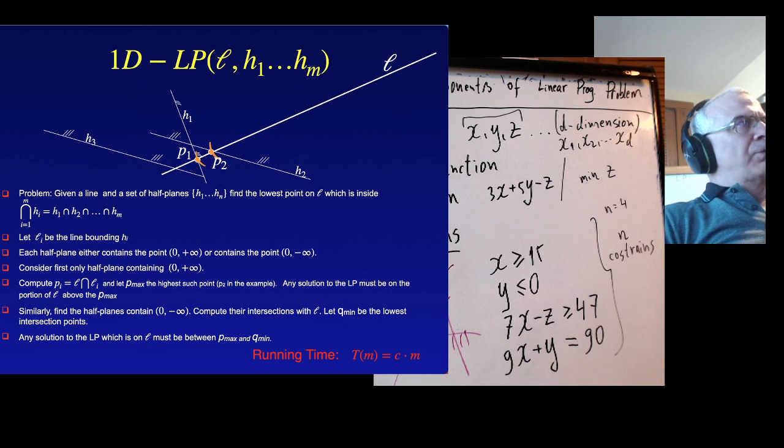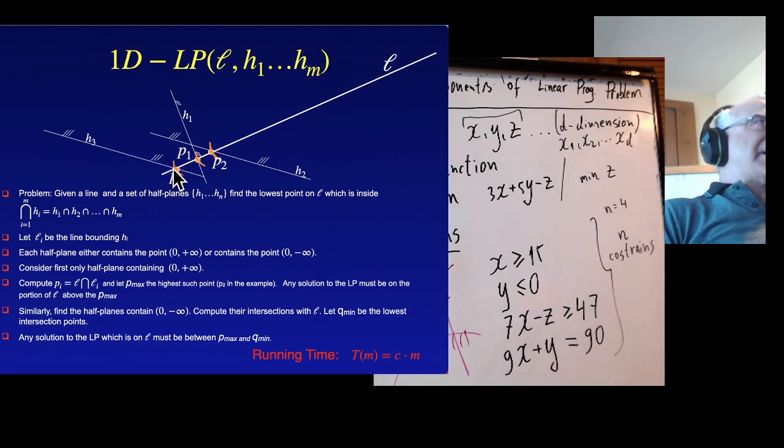Analogously, I'll compute P2, and because of the direction of the half plane, I'm only willing to accept points above P2. Points on L, not on Li, points on L, but above P2. Similarly, I'll compute P3. I denote it both as a point and as an open parenthesis.